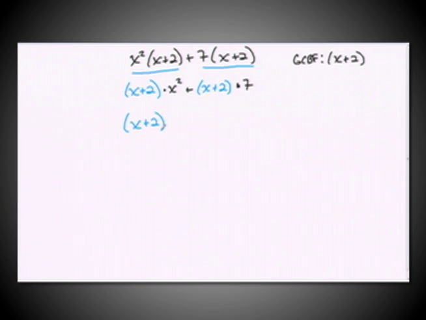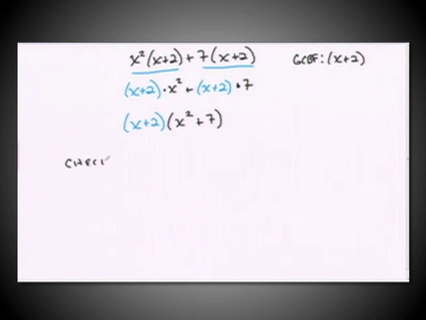So if I divide x plus 2 out of the first term, I'm left with x squared. And if I divide x plus 2 out of the second term, I'm left with a positive 7. So now we have this polynomial expressed as a product, or it's written in factored form. Let's give it a check.